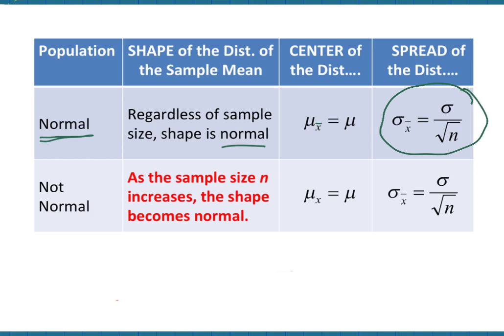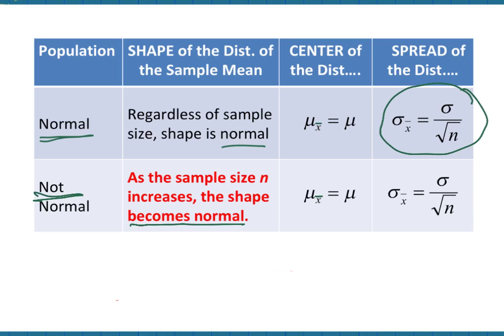And if the population is not normal, as the sample size n increases, the shape of the distribution of the sample mean becomes normal. Okay, and the center of the distribution of the sample mean, mu sub x bar, equals the mean of the population.